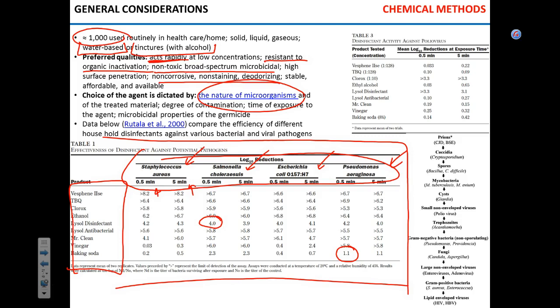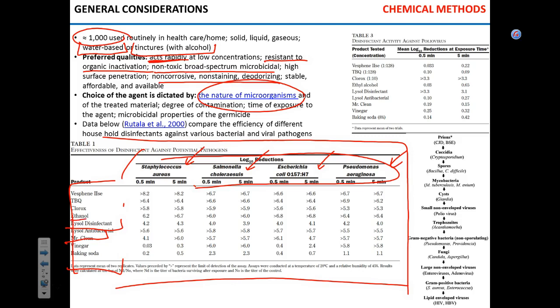Does that make sense? So you can see that different chemicals have different efficiency. Among those that were tested here, there were two moderate failures: Lysol disinfectant and Mr. Clean, and I want to focus on these. These are household stuff.